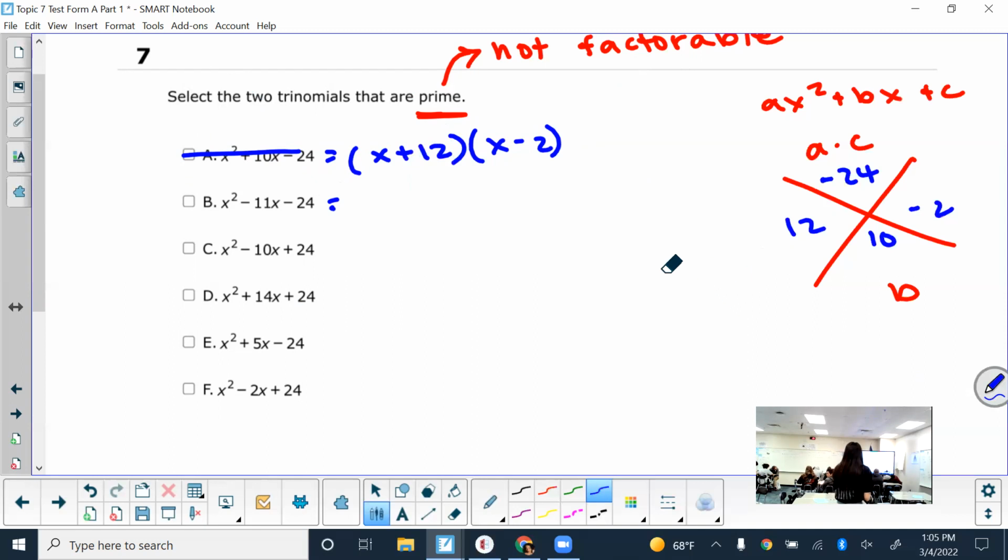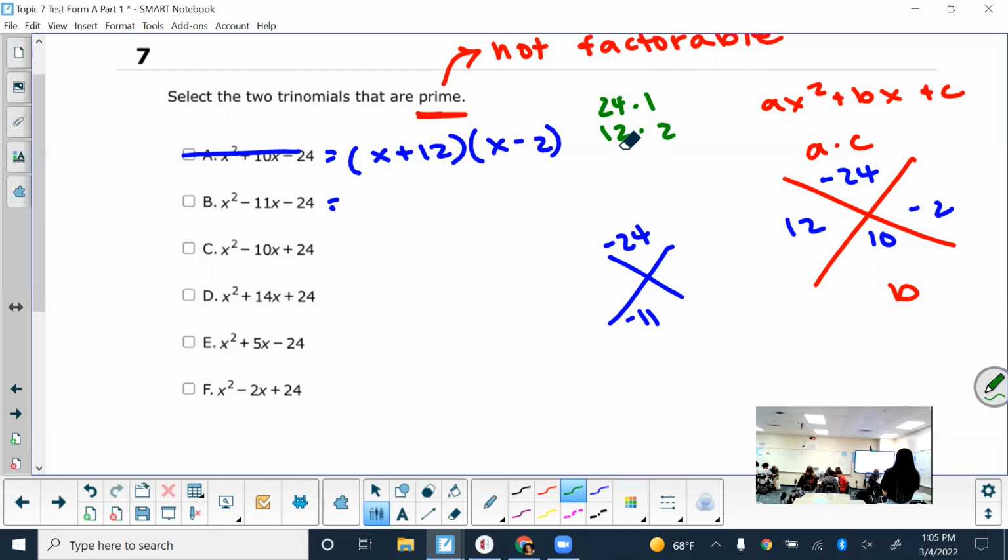So then B. What's A times C? Negative 24. What is B? Negative 11. All right, so look at your list of numbers that multiply to 24. Here it is again. Is there any combination that multiplies to the top and adds to the bottom?